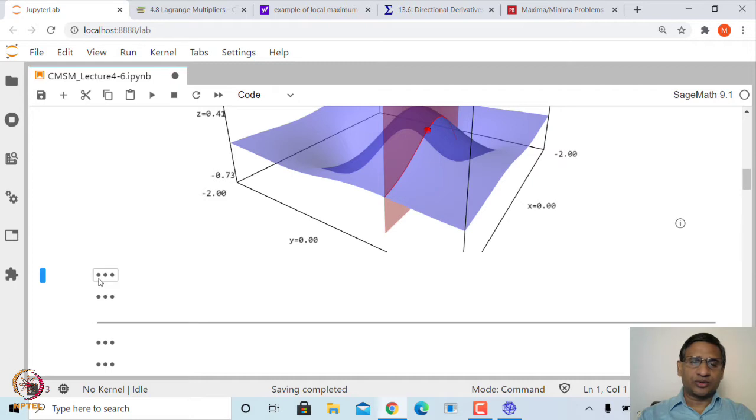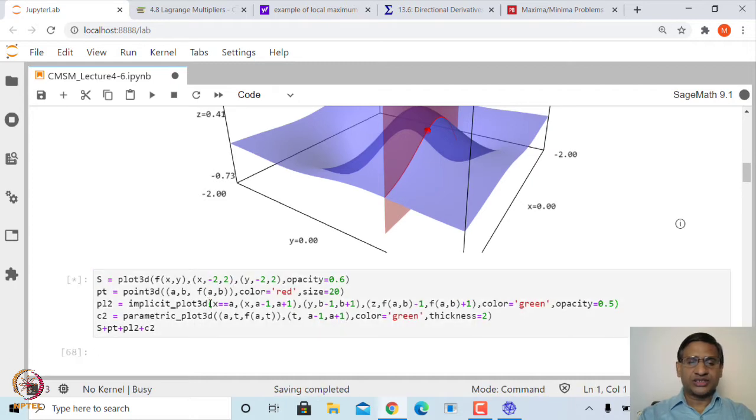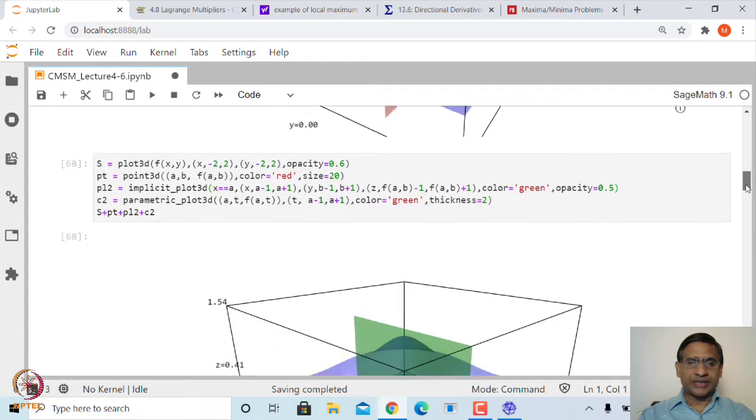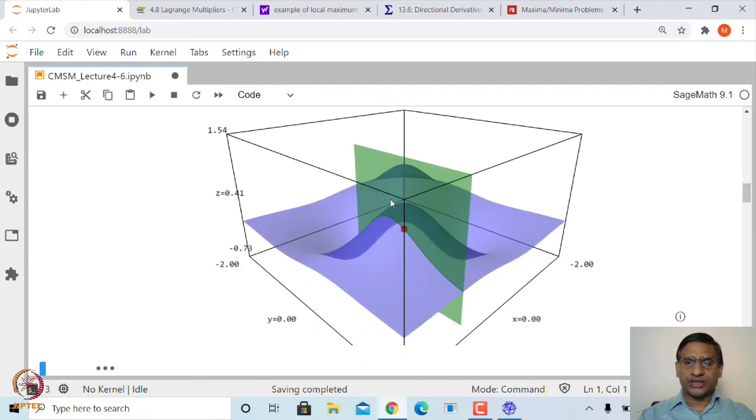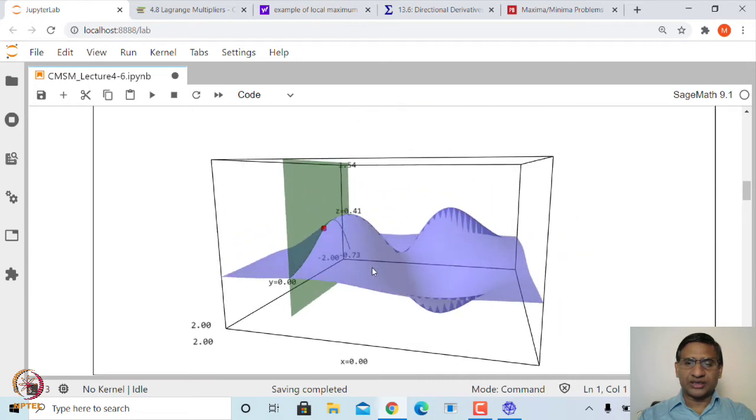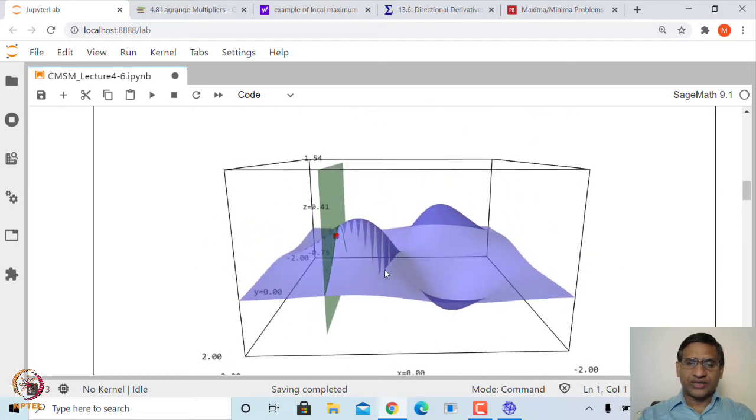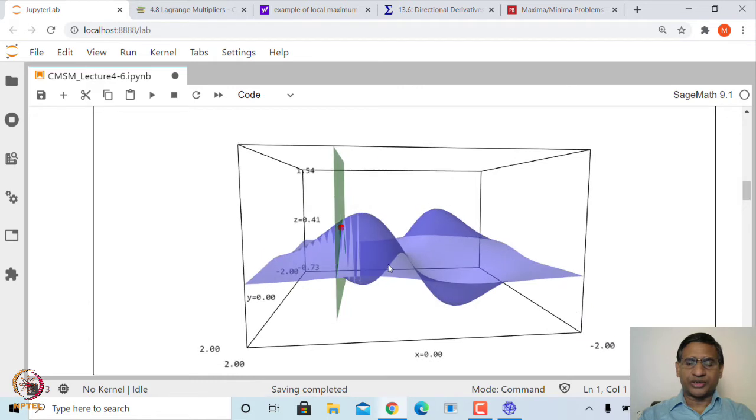Similarly, you can look at the partial derivative of f with respect to y at a point (a, b). In that case you need to take the plane x equal to a, which is what you can see here, and intersect it with this surface, and the intersection will be a curve. At that point you look at the rate of change of this curve.